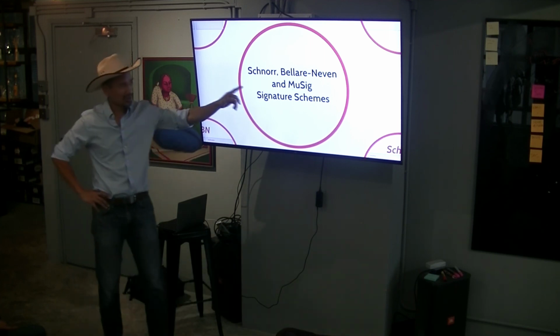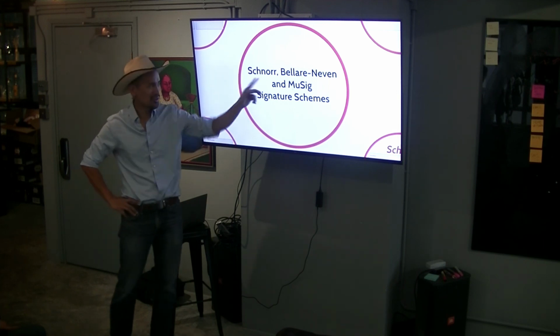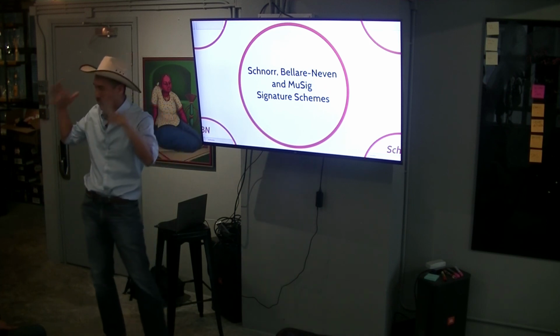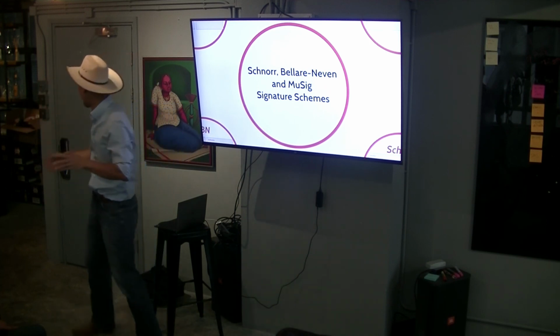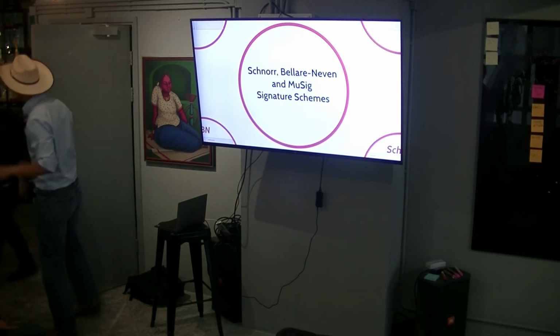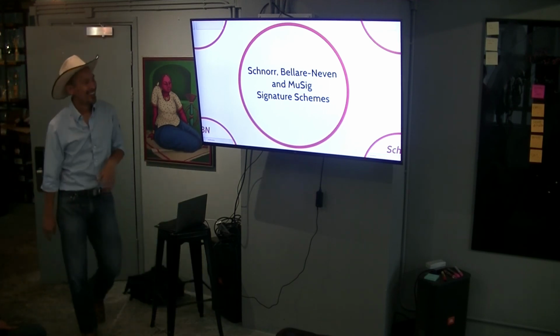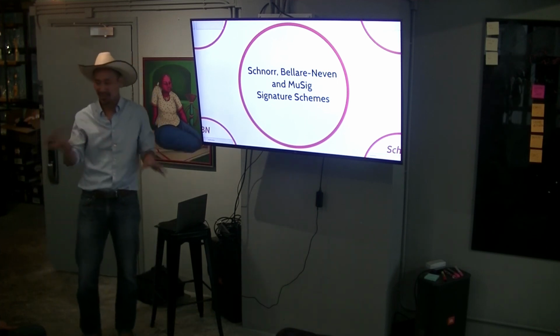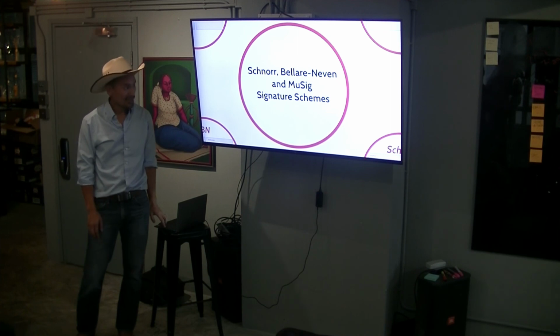Unfortunately, a lot of the terminology gets mixed up, so people just say Schnorr when they really mean Bellare-Neven or MuSig. So I'm hoping to give you a better distinction of what's going on. So let's take a look.